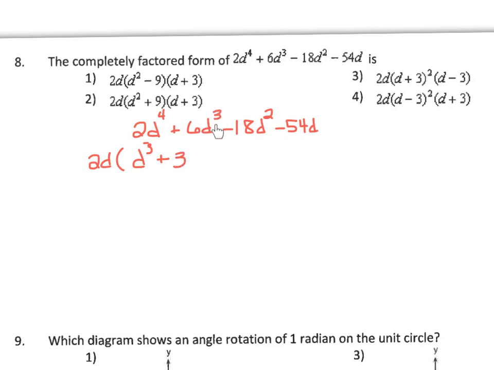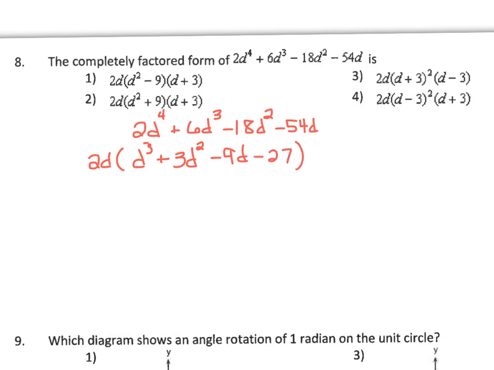And if I had 3 d's and I took out 1, I still have 2 d's, so d squared. All right, so let's keep going. So then negative 18 divided by 2 is negative 9. And I had 2 d's, but I took one out, so it still leaves me with a d. And then negative 54 divided by positive 2 would be negative 27.